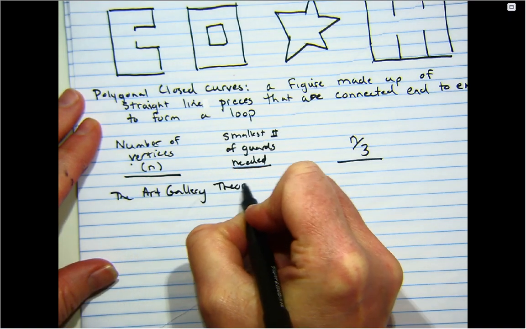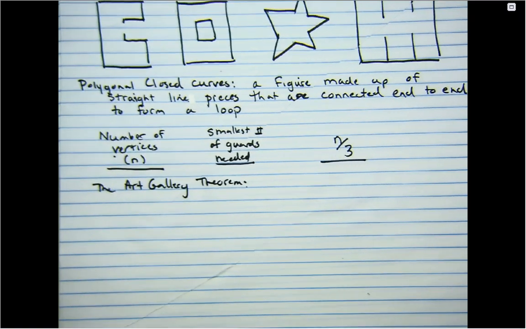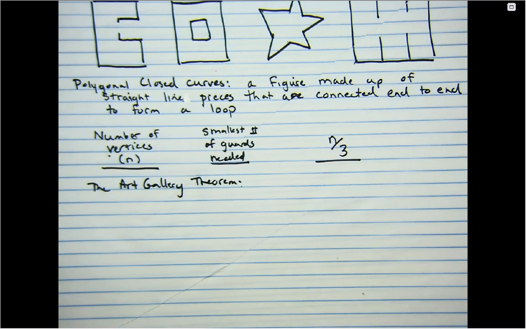So the art gallery theorem actually is a theorem. It was proposed in 1973 and proven shortly thereafter.